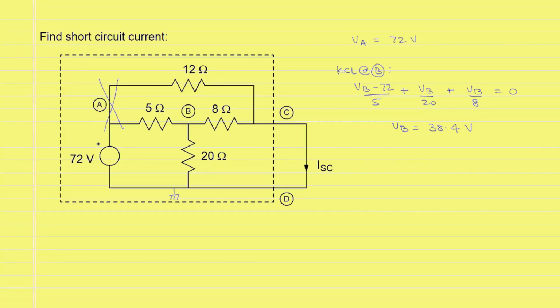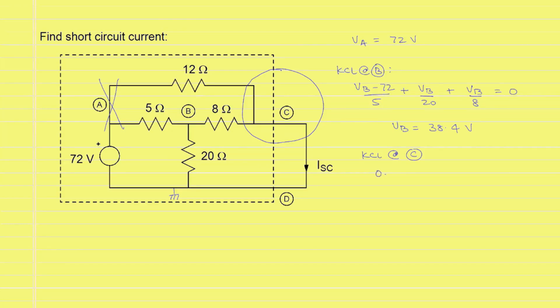Once we have solved for the nodal voltage VB, we will write a KCL at node C to be able to calculate ISC. KCL at C will give us current leaving through the 12 ohm resistor will be VC minus VA.